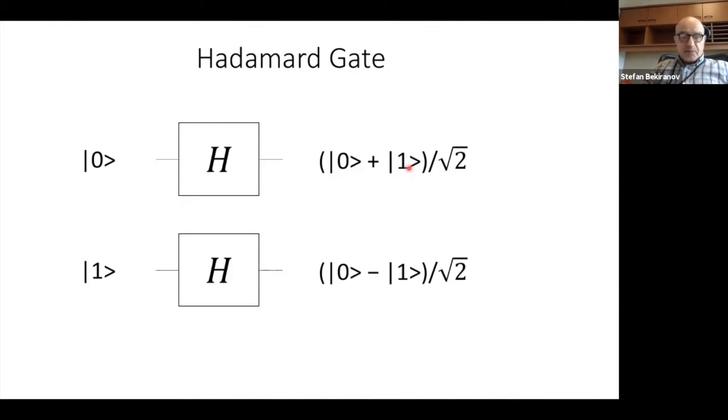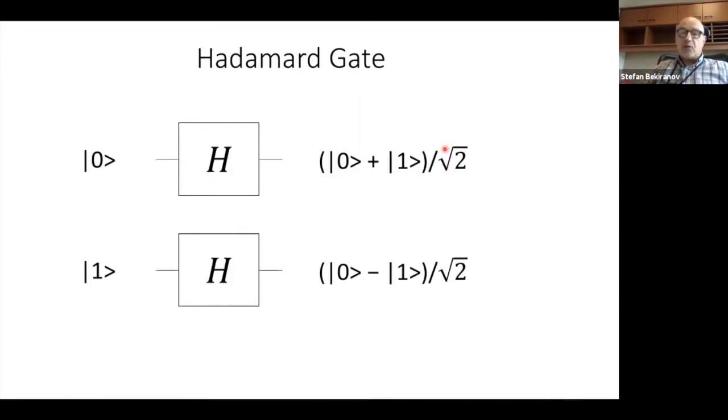But in terms of interpretation, what we've done by zapping it with this Hadamard gate is we've put it in the state 0 or the state 1 with probability 1/2. Remember, I said probabilities come from squaring the amplitudes. That's the rule.